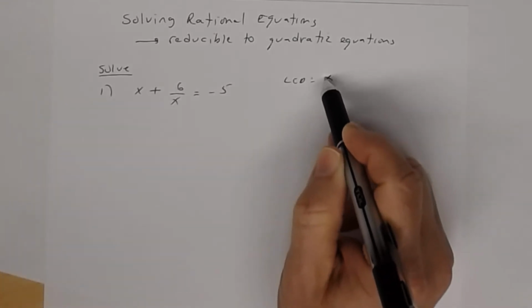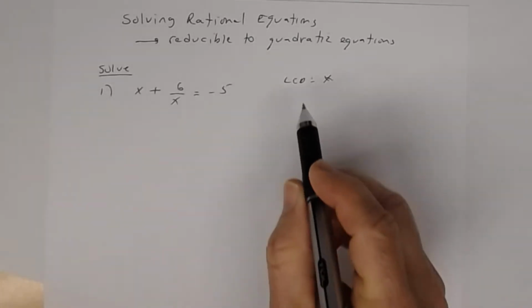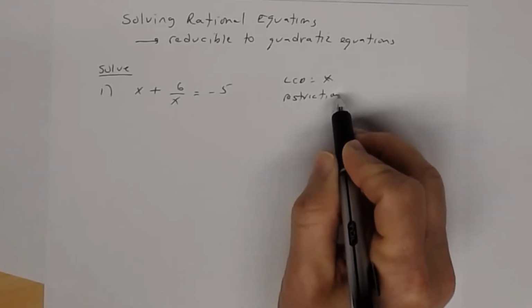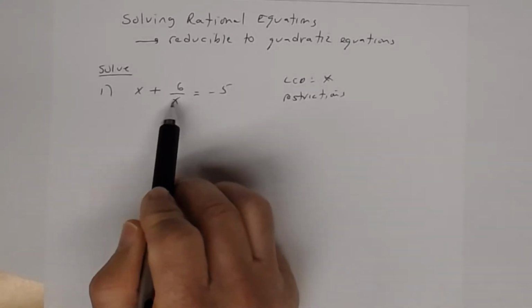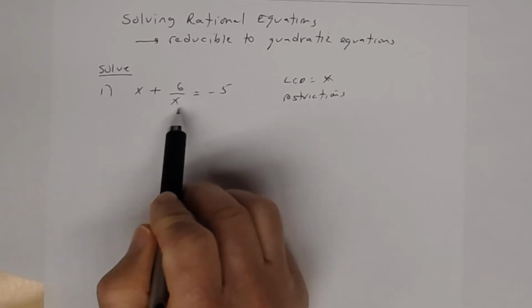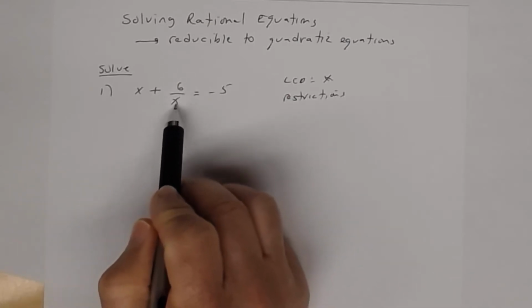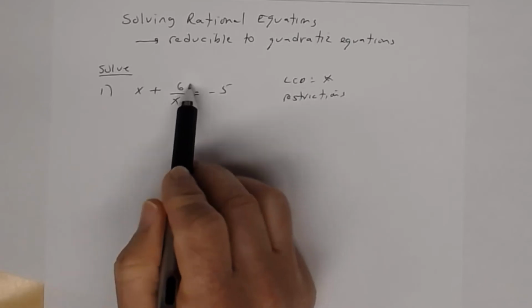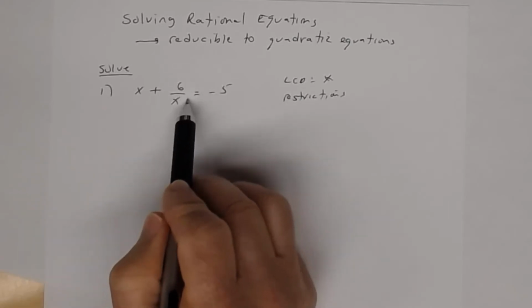Okay? Now, the next thing you've got to do is determine your restrictions. Because remember, in this particular case we are dealing with a rational expression that contains a variable in the denominator. So you have to find the values of x that make this rational expression undefined.